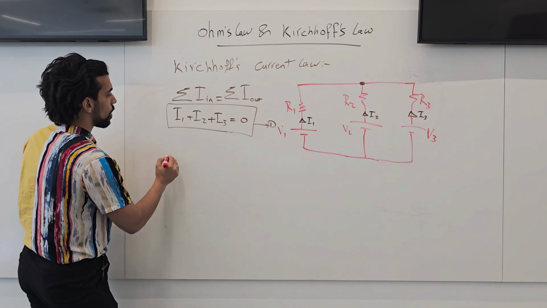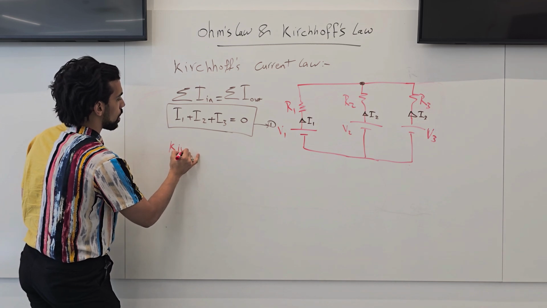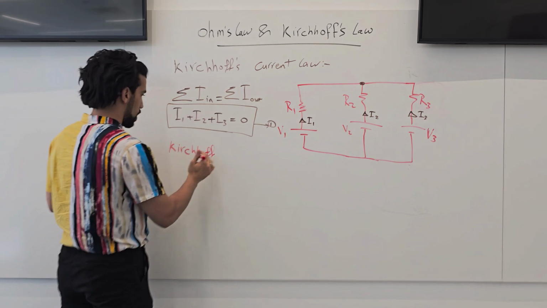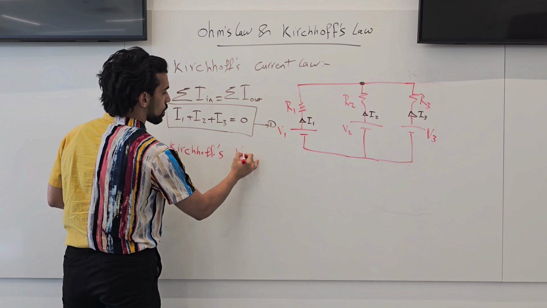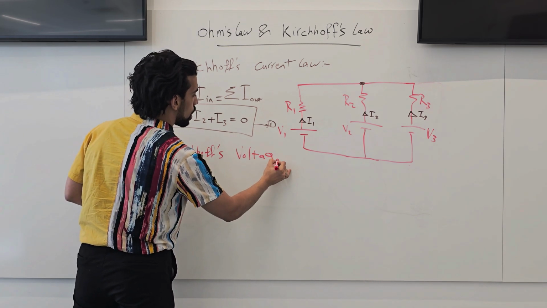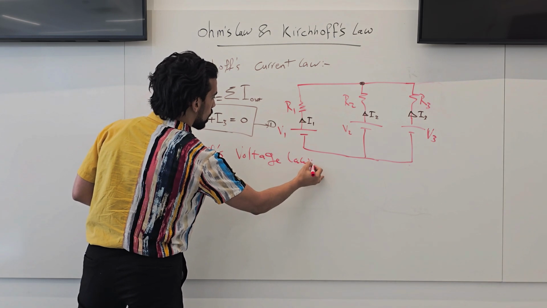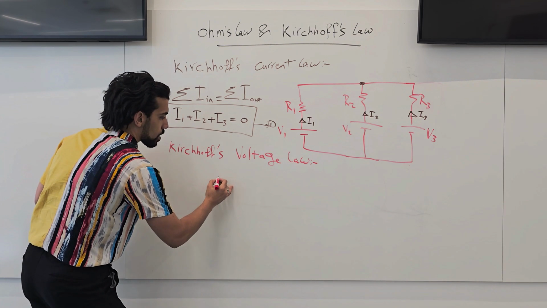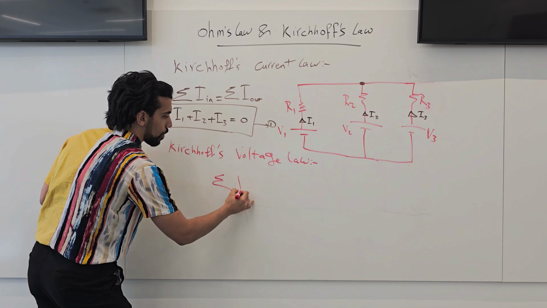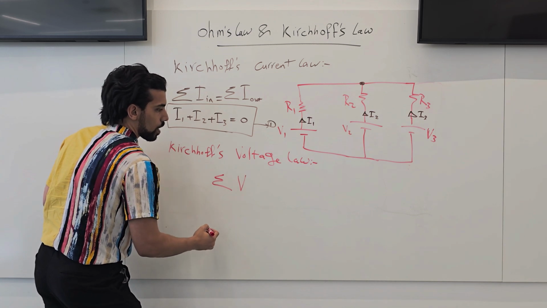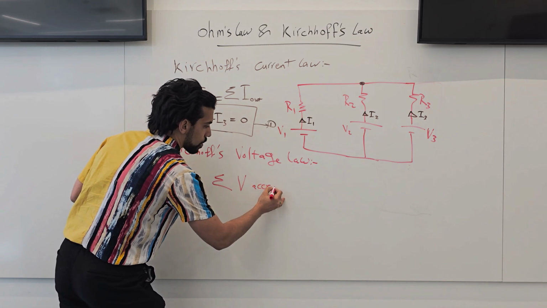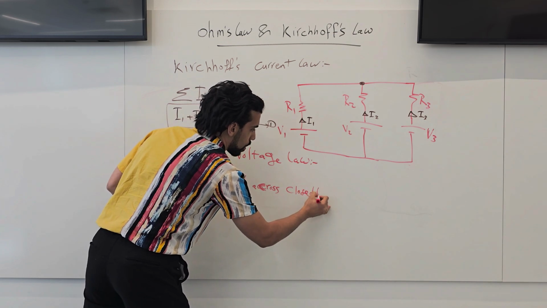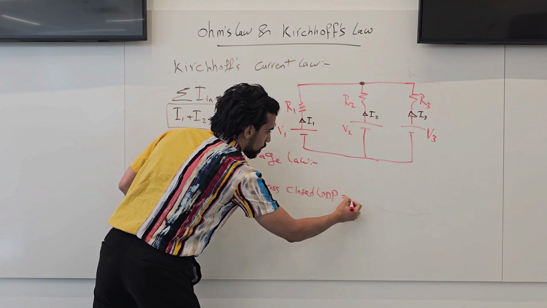Here we have the Kirchhoff voltage law, which tells us that the summation of voltages across a closed loop is equal to 0.